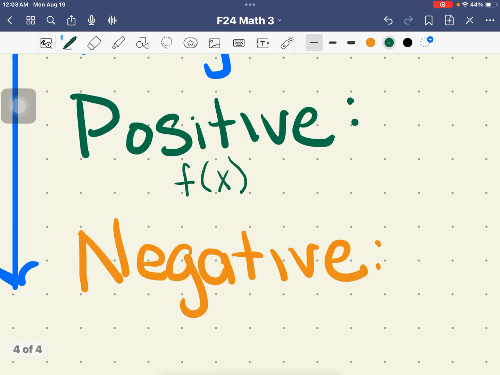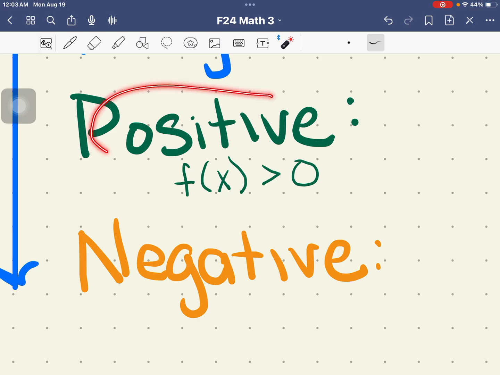So if you see in any kind of problem f of x greater than 0, think about what type of values are greater than 0. Positive values are greater than 0. So if you see this notation, f of x is greater than 0, it's referencing where it's positive, okay?